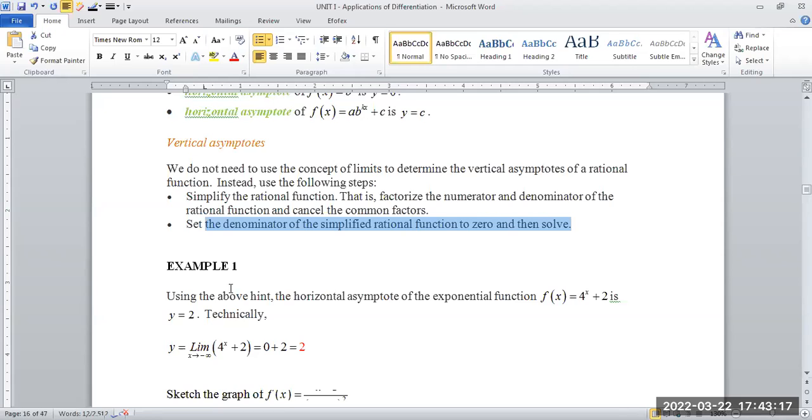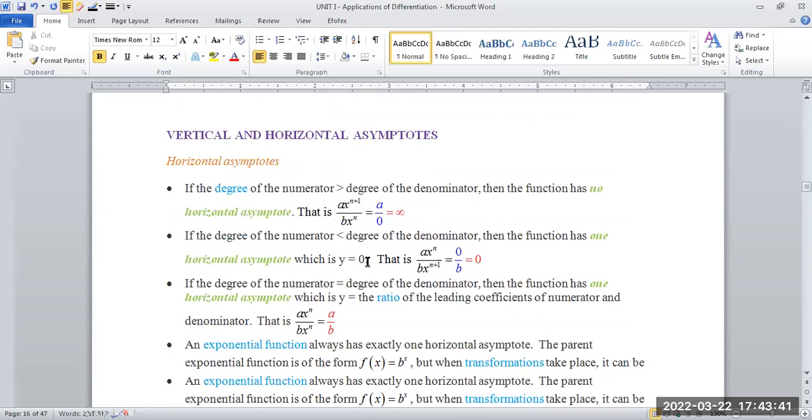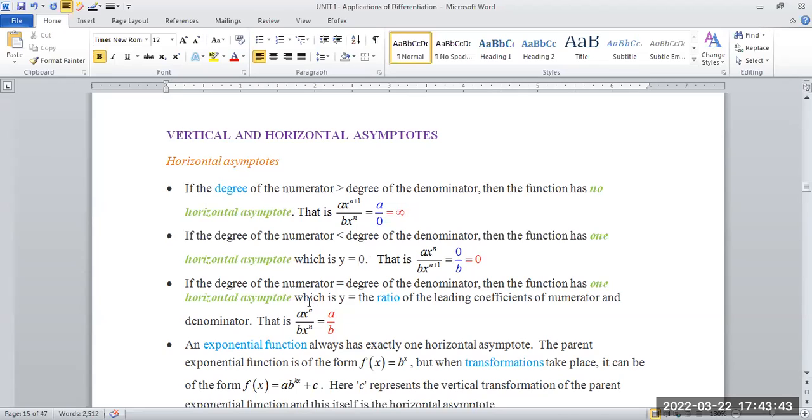And let us look at one easy one. It says, use the above hint, the horizontal asymptote of the exponential function f of x is equal to 4 raised to the x power plus 2 is y equals 2. So technically, we're finding the limit, because when you're talking about horizontal asymptotes, you're finding the limit of a function.